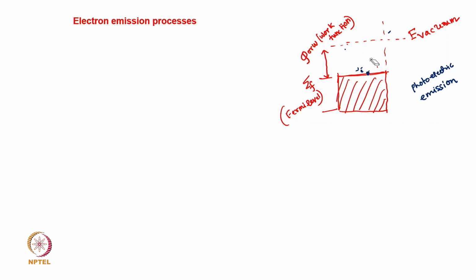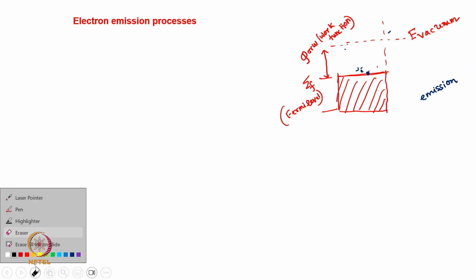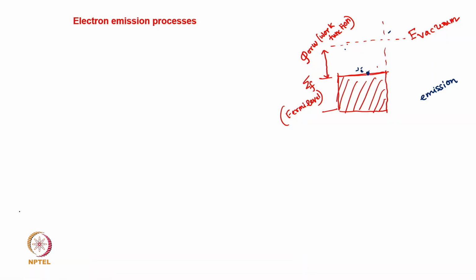So, what I do here is apply a high electric field, and then this barrier can be bent or lowered.